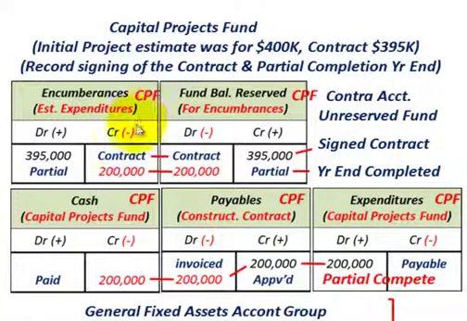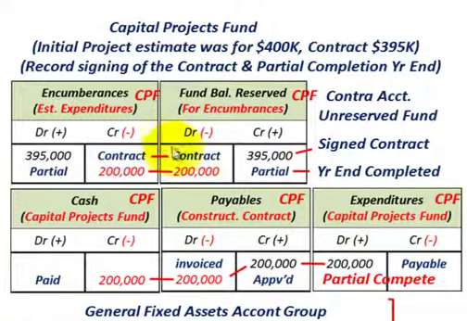Now remember, this contract is going through our encumbrance control system, and these encumbrances are really a contra account to the unreserved fund balance. So this is what we have to set up as a contra account to the unreserved fund balance, and then this fund balance is the amount that's reserved here.